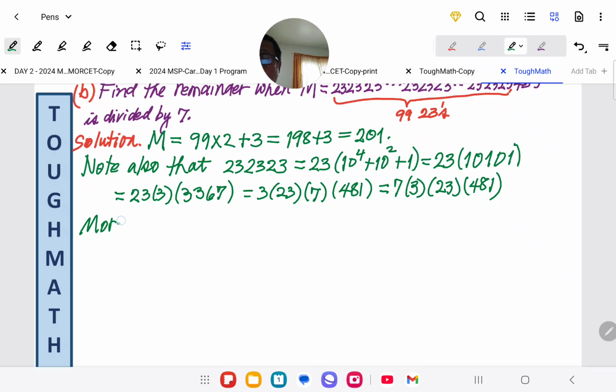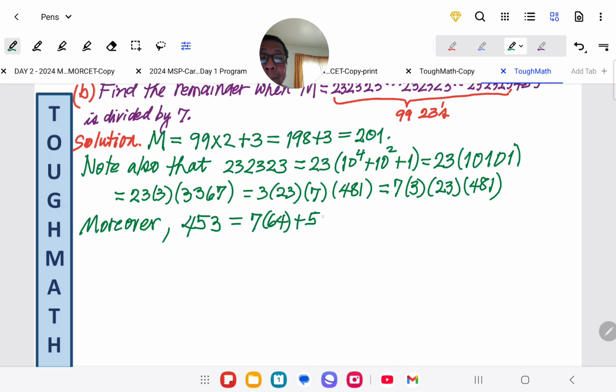Moreover, 453 when you divide it by 7 is actually 7 times 64 plus 5.